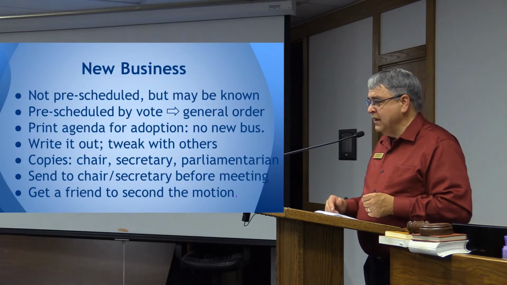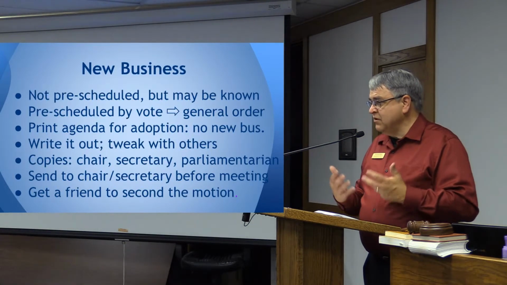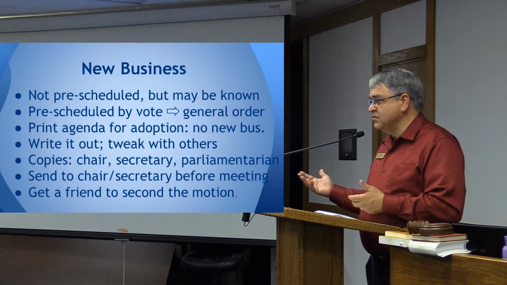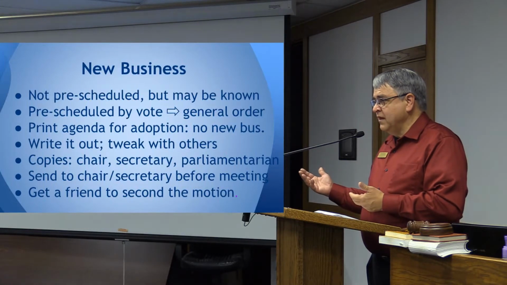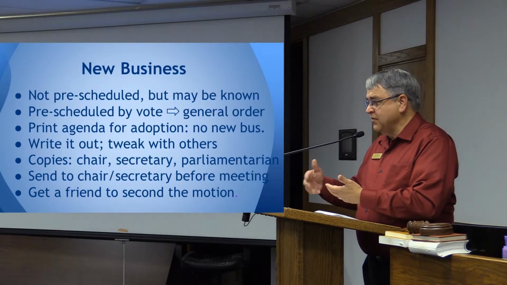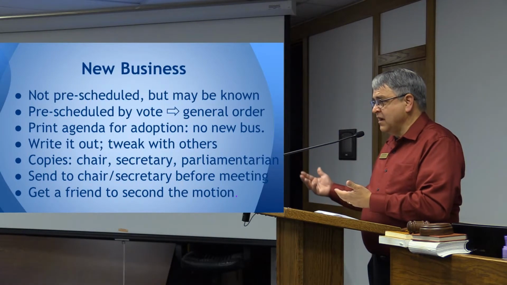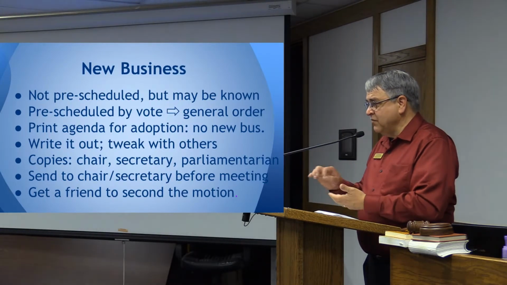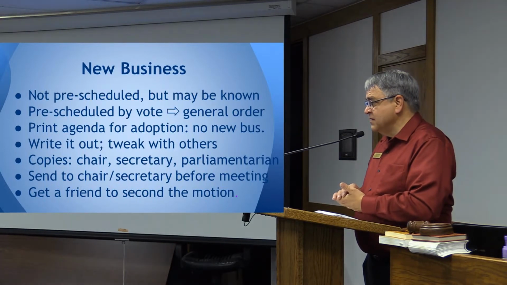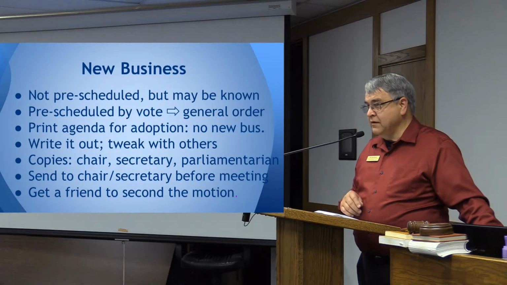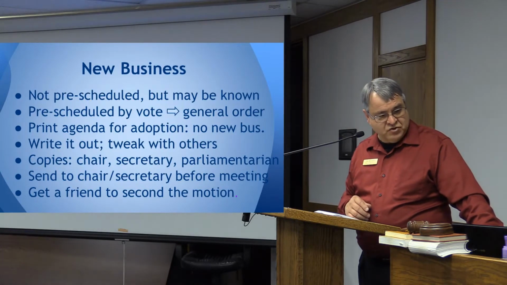But if you have a written copy and the chair has a written copy and the secretary has a written copy, it makes things a whole lot easier when you make the motion. You have your copy that you read, the chair has your copy that they can read, the secretary has the copy that they can transfer into the minutes, and if there are any amendments to it, they all have a written copy, they can see where those changes are going. So that's the point here. And the parliamentarian, if you have one, would also want to have a copy.